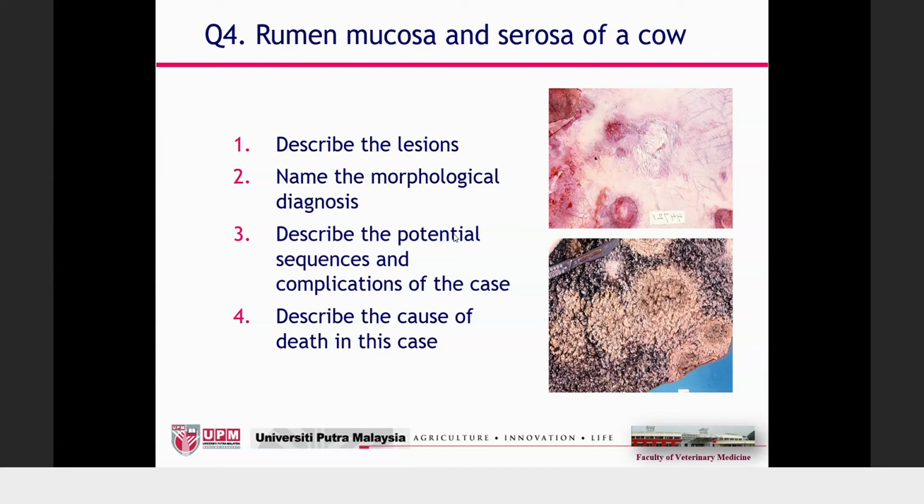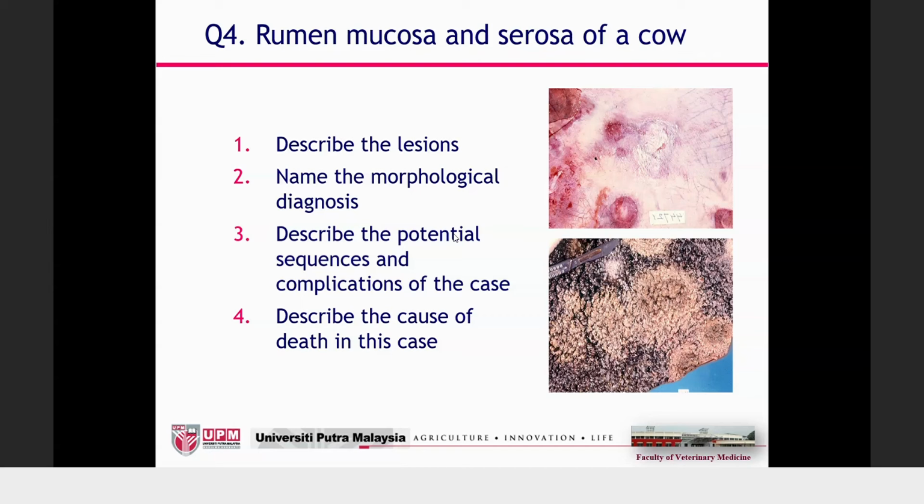Of course, in this case, they are more referring to perforation of the rumen, where there is escape of rumen content into the peritoneal cavity, leading to peritonitis. And again, when we talk about peritonitis, animal septicemia, low venous return, low cardiac output, ischemic necrosis of vital organs, might lead to death of the animal. That will answer number 4, cause of death.